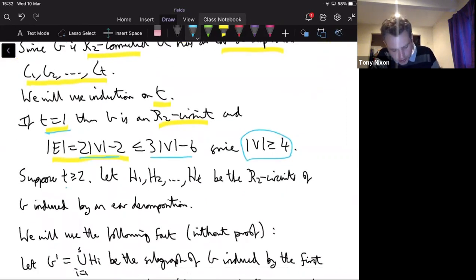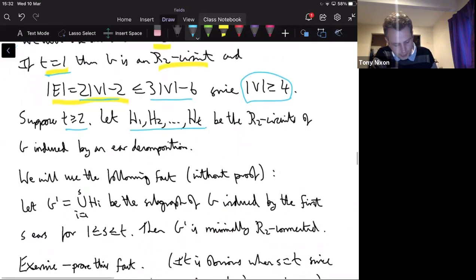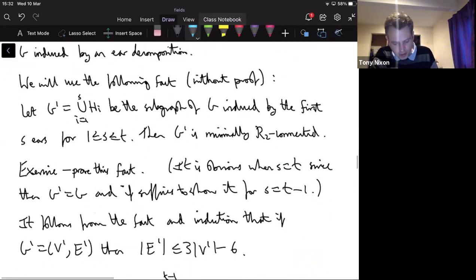So we can suppose our ear decomposition has at least 2 elements, and our circuits as edge sets were C1 up to CT. Let H1 up to HT be the graphs, the R2 circuits of G induced by these circuits in the matroid. Okay, so I'm going to use a fact, which I'll leave the proof as an exercise.